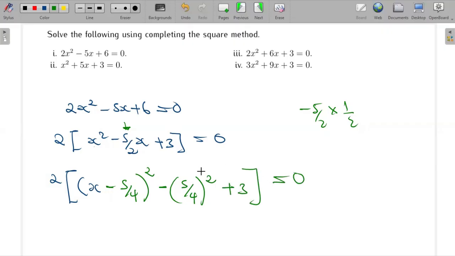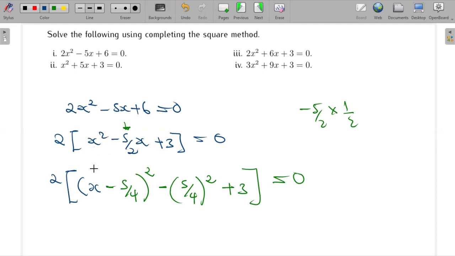Okay, how many are confused? So everyone has followed. Okay, that's good. So here, first, always make sure that the leading coefficient is 1.